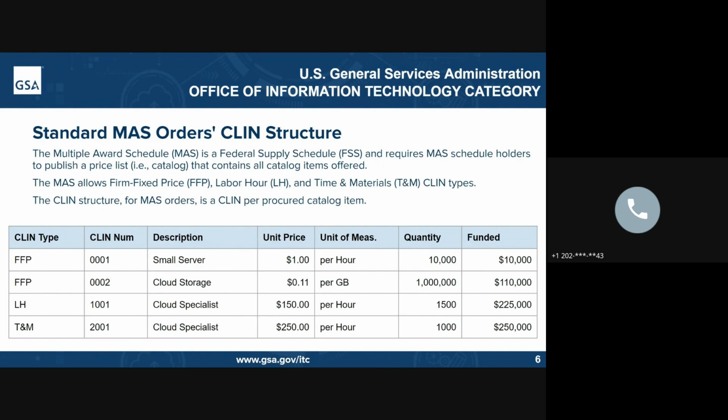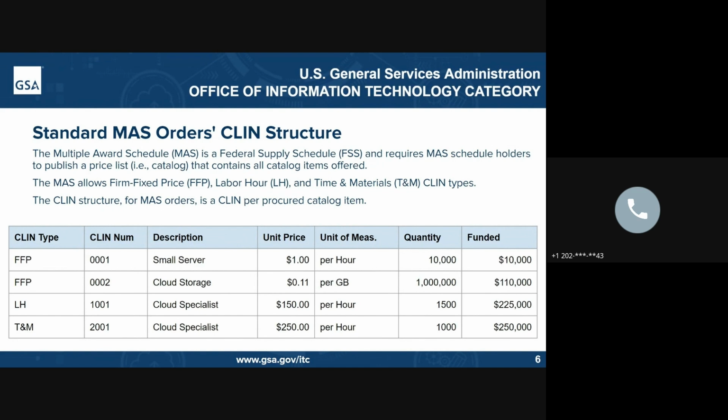But you'll notice that every CLIN has a unique CLIN number, a unique description, a specific unit price that's off of the catalog or has been negotiated. There's a unit of measure, a quantity specific to that item being procured, in addition to the funded amount that has been obligated to that contract line item for the order.